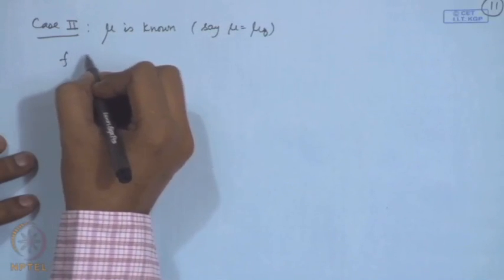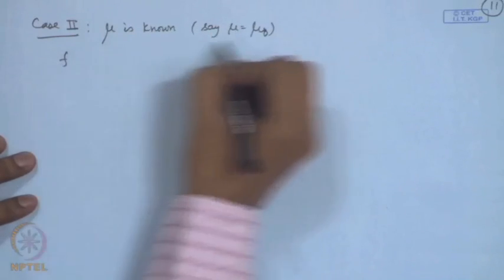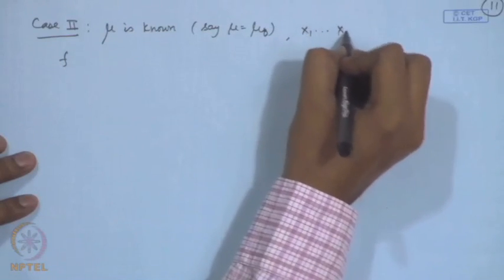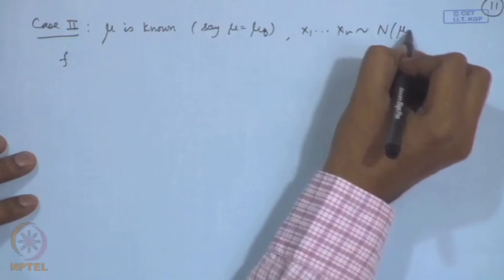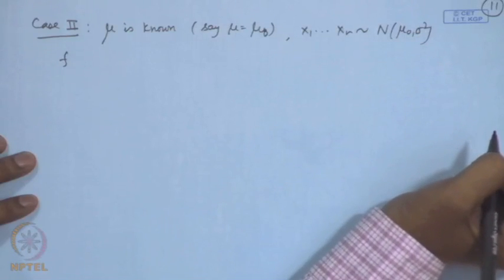the distribution of x1, x2, ..., xn is normal(mu naught, sigma square).